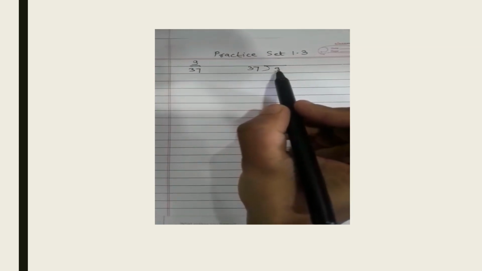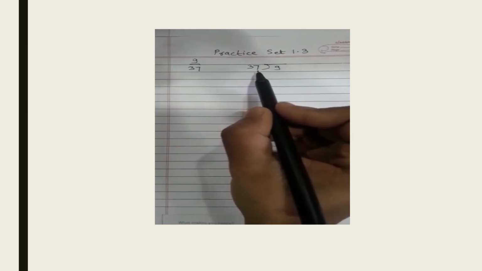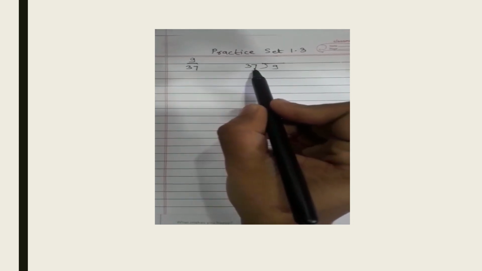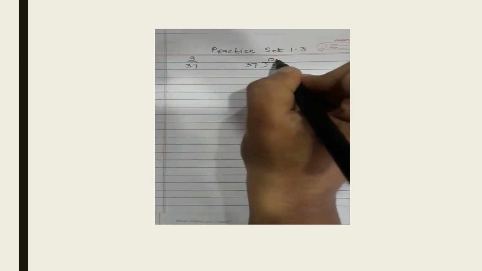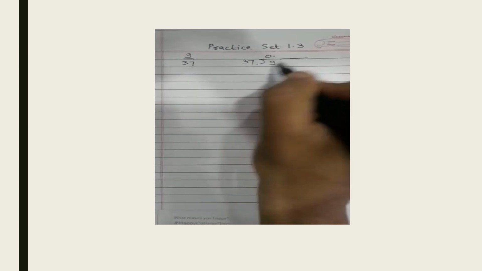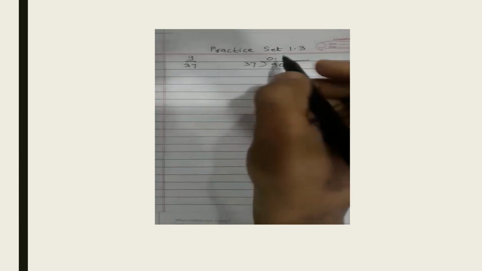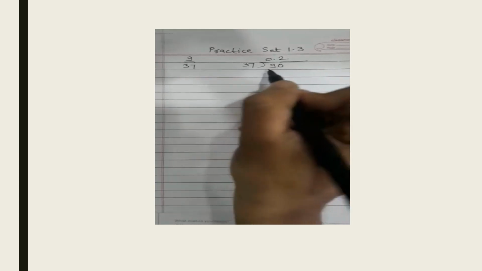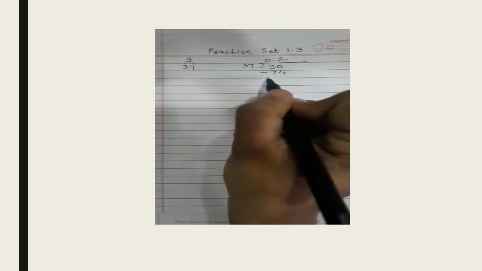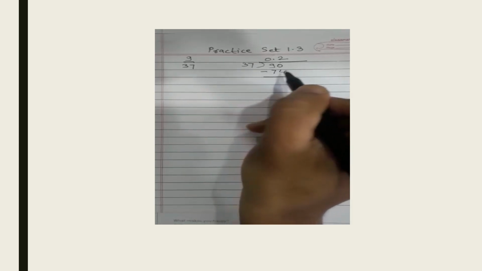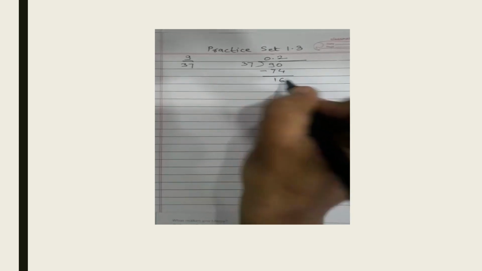But since 9 is less than 37, we cannot divide 9 by 37. So take a decimal point in the quotient and add a 0 after 9. Then multiply 37 by 2. The answer is 74. 90 minus 74, the remainder is 16.